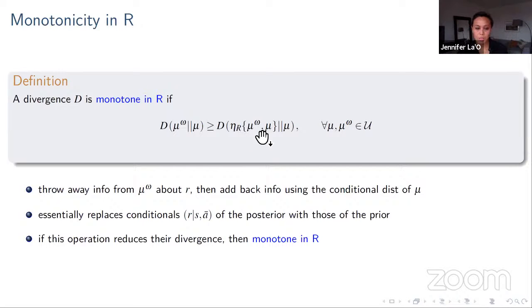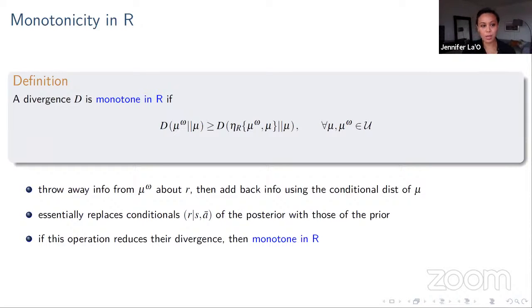Now suppose on the posterior, I throw away its information about R, but then embed it back using the conditional distribution of the prior. I'm essentially replacing the conditionals of R conditional on S, A bar of the posterior with those of the prior. If this operation makes these more like each other, in terms of reducing their divergence, then we're going to say the divergence is monotone in R.